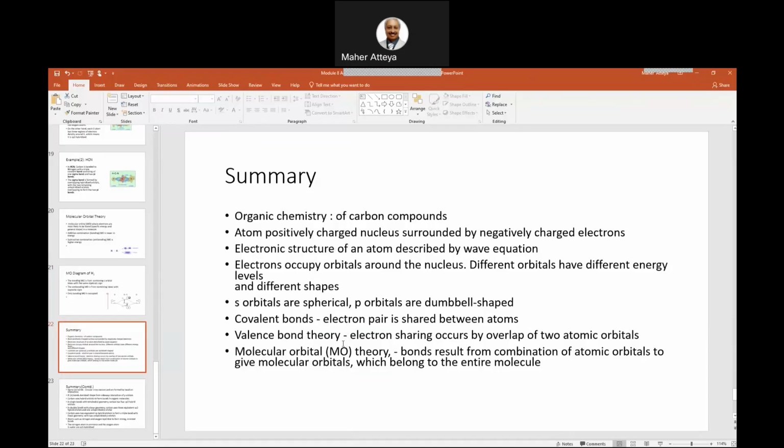So a summary. We talked about organic chemistry, we talked about hybridization, and we talked about how Lewis started doing the molecular structure and predicted a lot of stuff, especially the residency of the valence electrons and the shape of the molecules as well, correct?